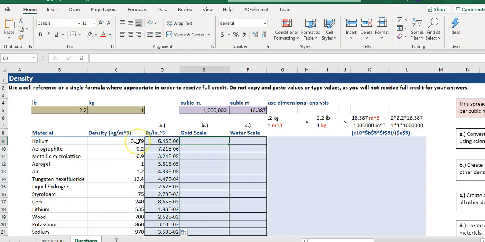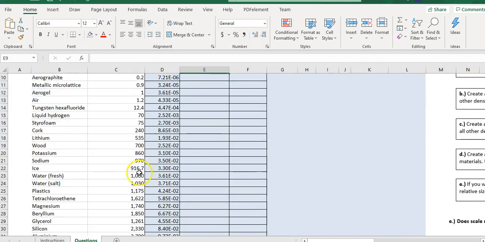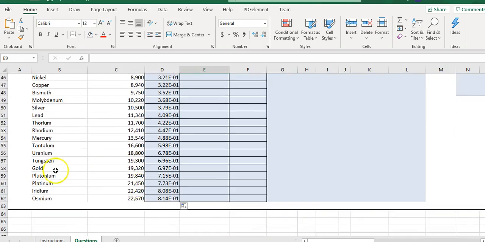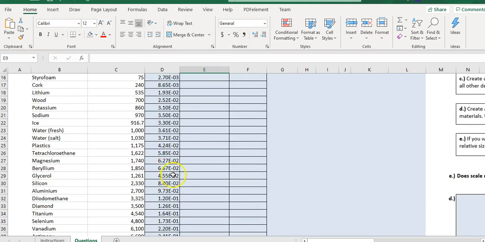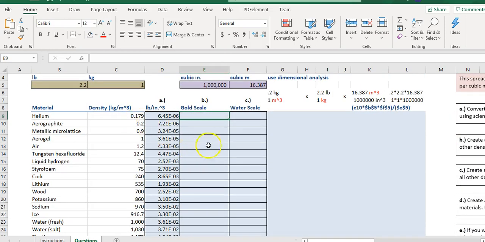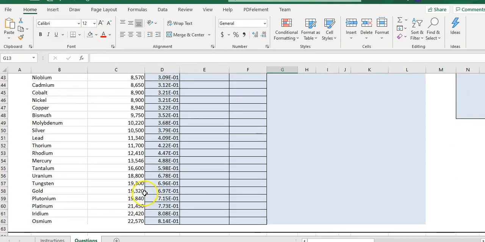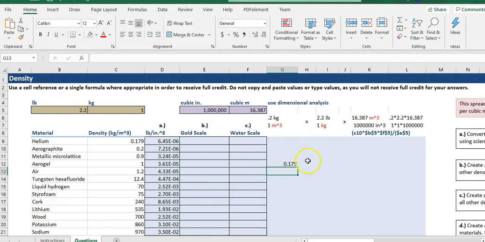Well, in this case, we're going to be taking helium and dividing it by gold. Gold is way down here at the bottom at C58. So you want to take the helium, which is the 0.179, and divide it by the gold. Gold's way down here at 19,320.